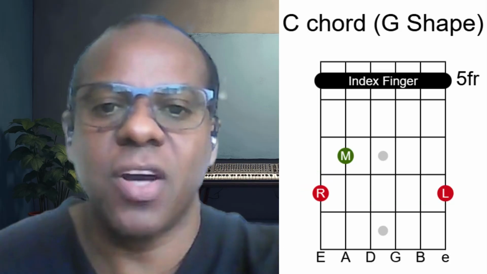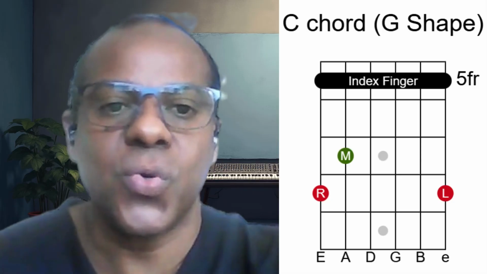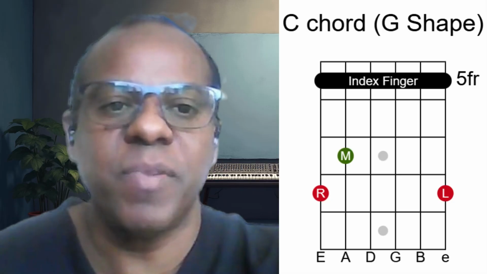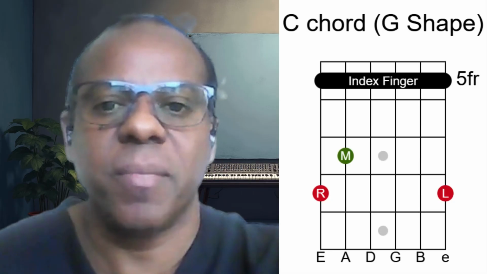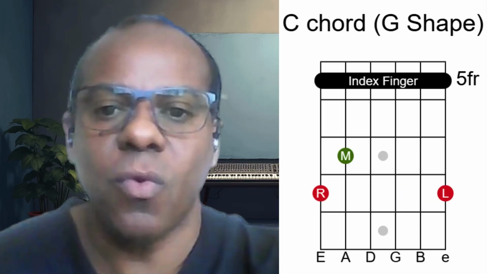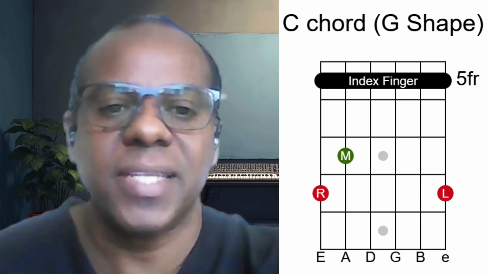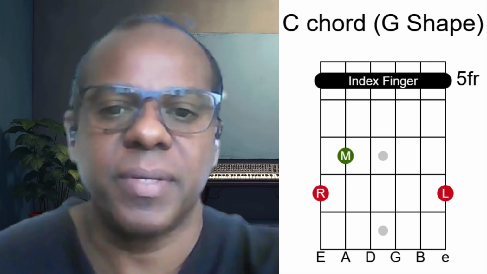You can't play all 6 strings easily with the full G shape, so most players simplify it, focusing on the middle strings for a cleaner sound. When you strum this shape at the 8th fret, you are now playing C major using the G shape.